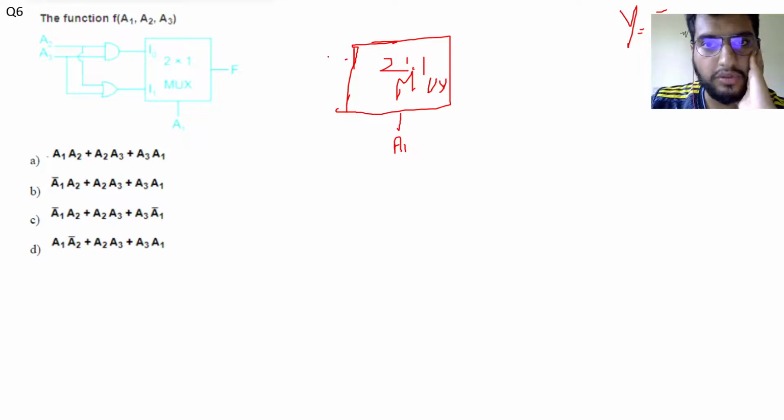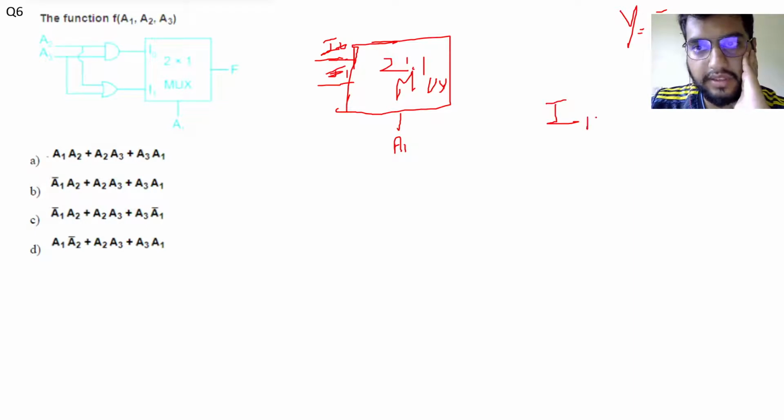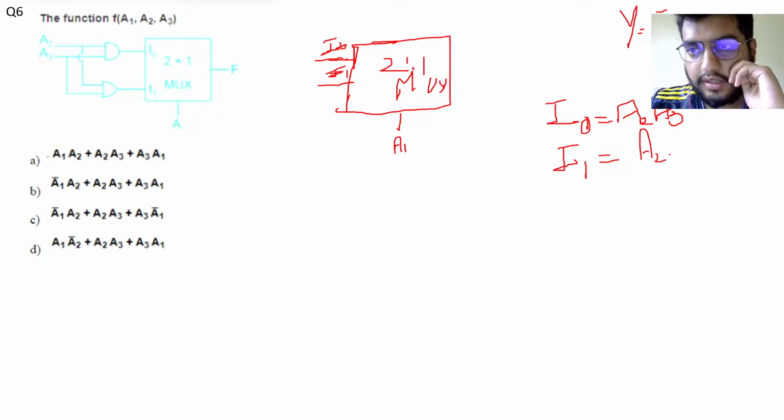Consider this input as I0 and this as I1. If you carefully examine this figure, I0 is simply the AND of A2 and A3, so I0 is equal to A2 A3, and I1 is the OR of them, A2 plus A3.